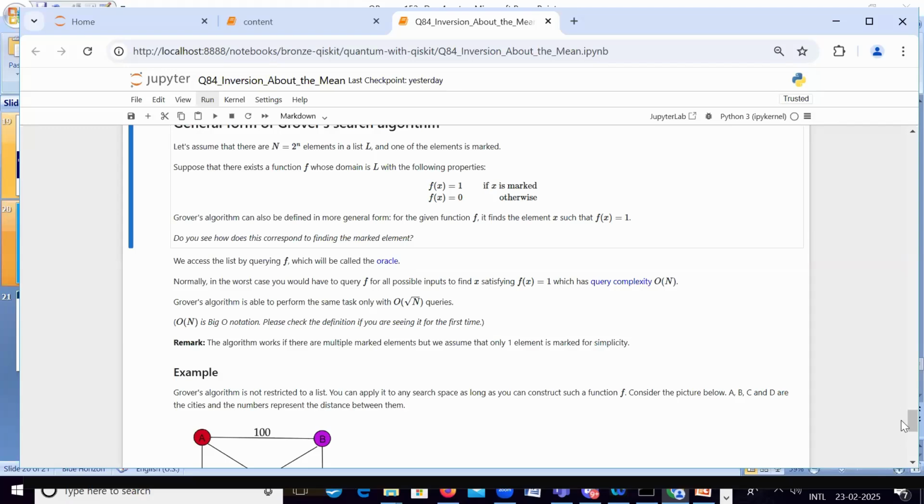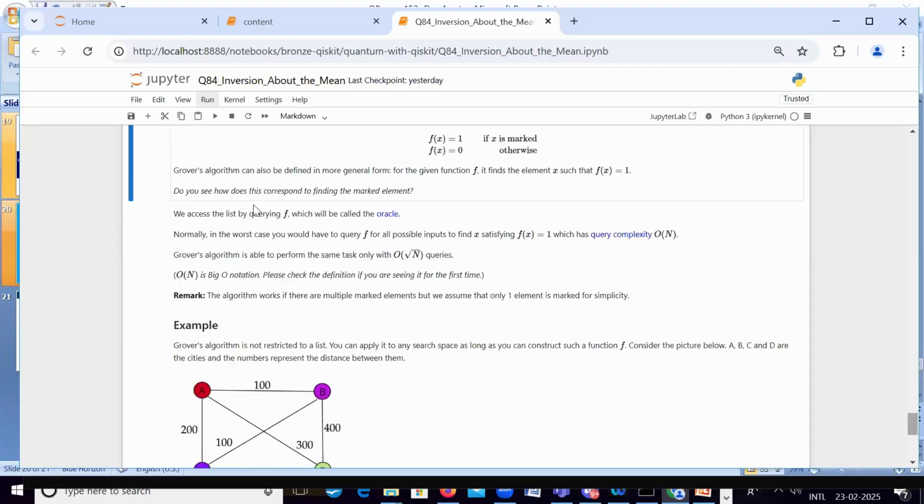Now going further, we access this list by querying f, which we'll call the oracle function. That means the oracle identifies the element, and flips or marks the detected element. I think things have become clearer at this point.